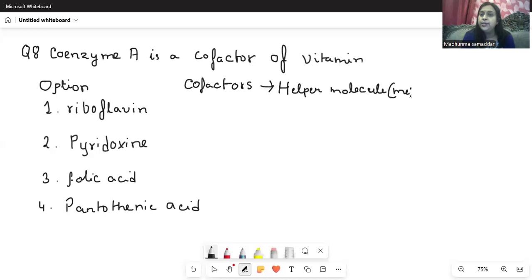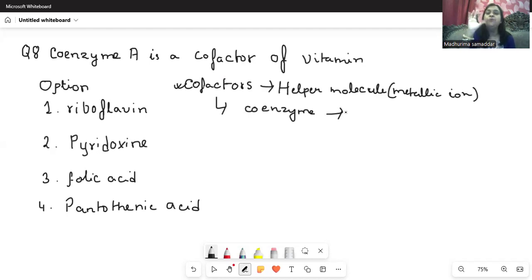It can be a metallic ion also. When these cofactors are derived from vitamins, we call them coenzymes. So basically coenzymes are the cofactors which are derived from vitamins, and they are helping the enzymes.